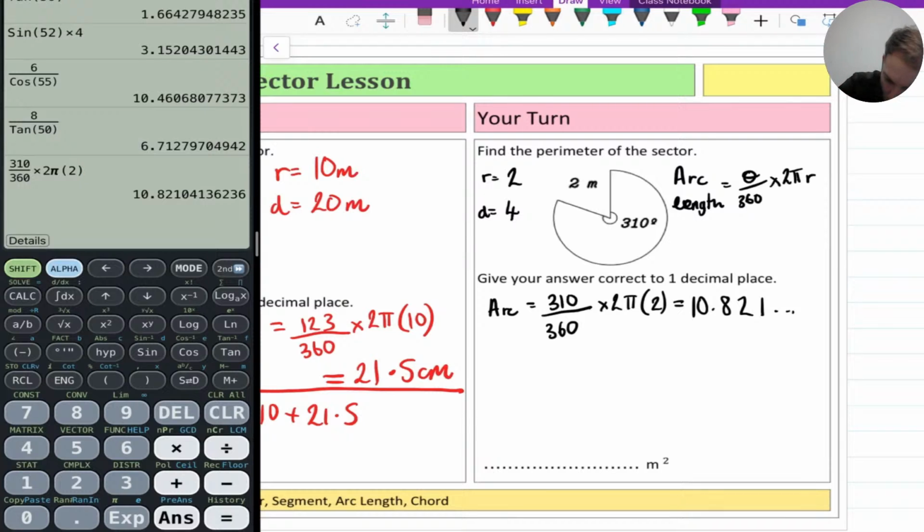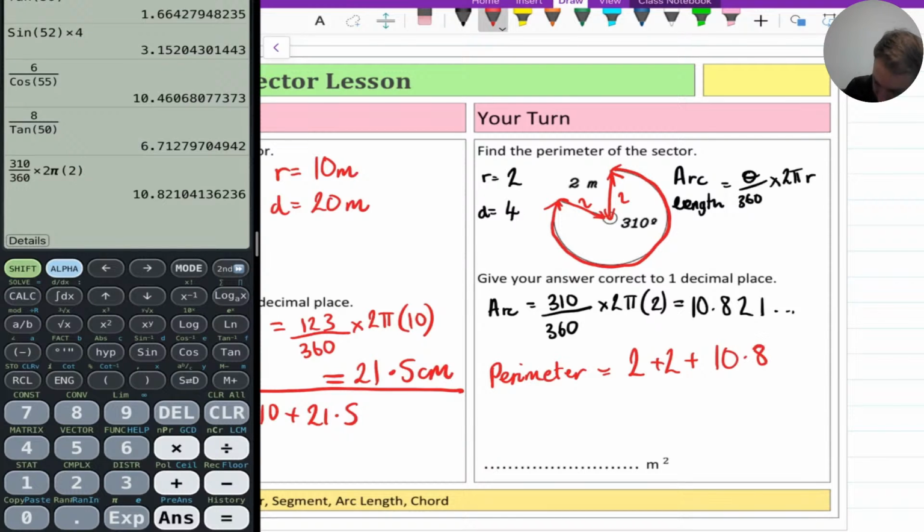Now remember, this is only this length here. So we need to add on the 2 radius, which is here, which is 2 there and 2 there. So the perimeter, which is different to the arc length, is equal to 2 plus 2 plus, I'll do this to one decimal place, 10.8.